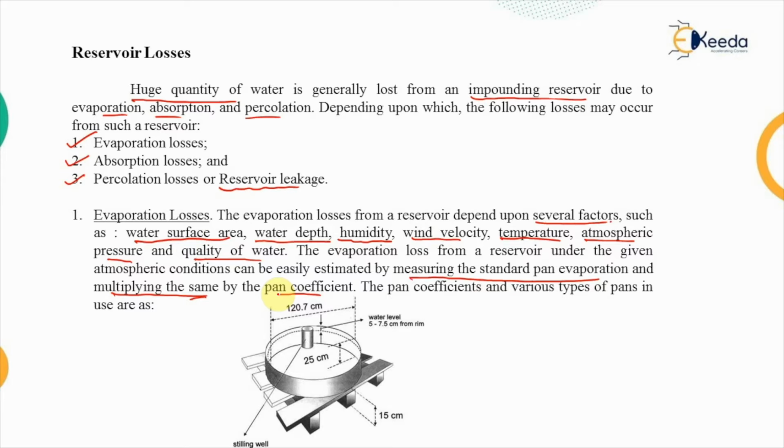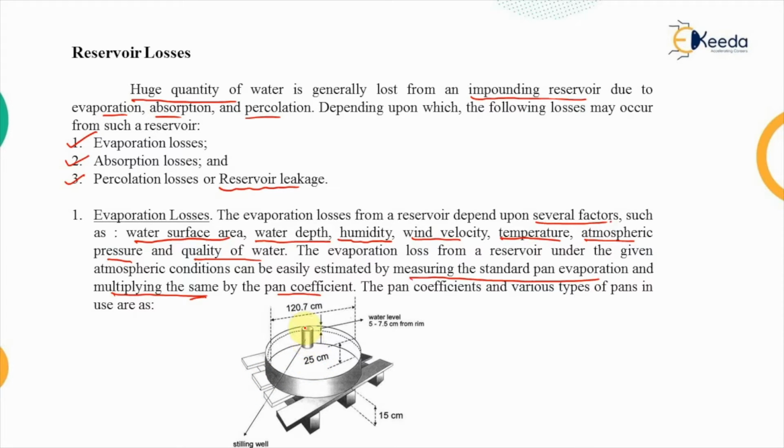So what we do is make a similarity with the atmospheric condition with the help of a particular pan, and that standard pan for evaporation is placed alongside the reservoir.